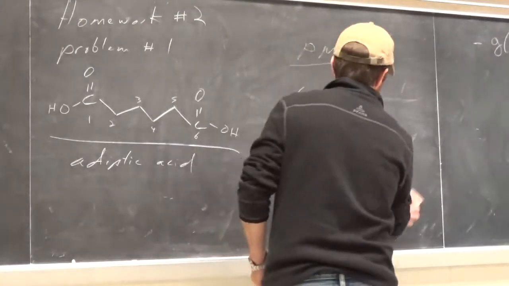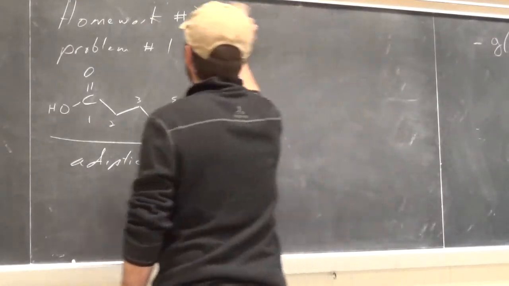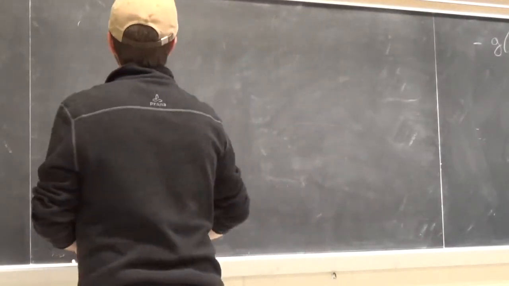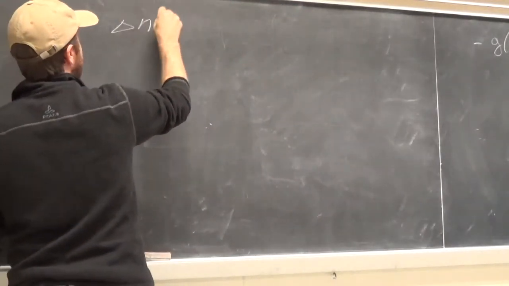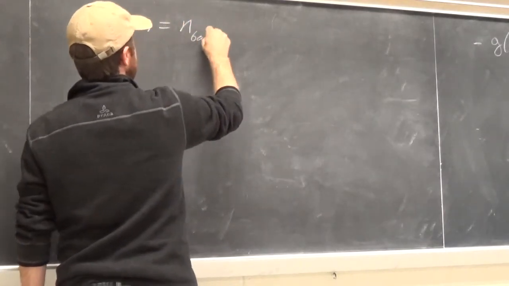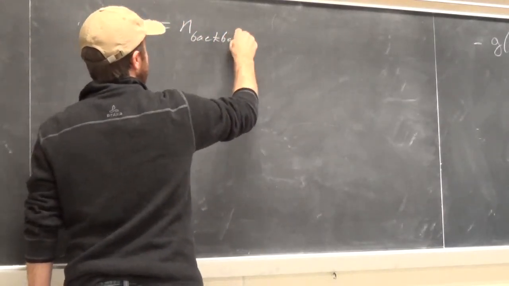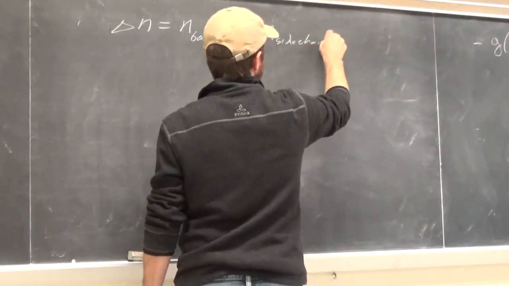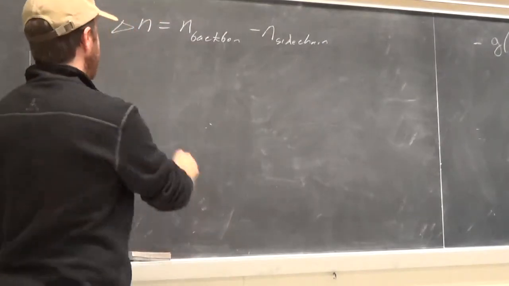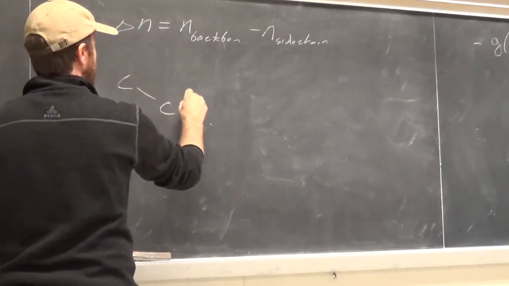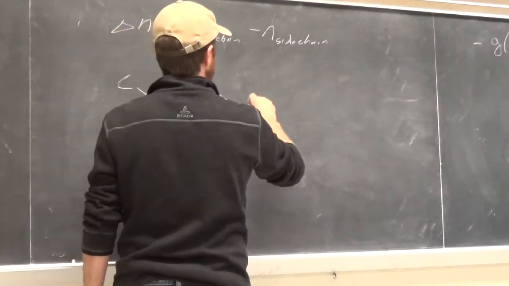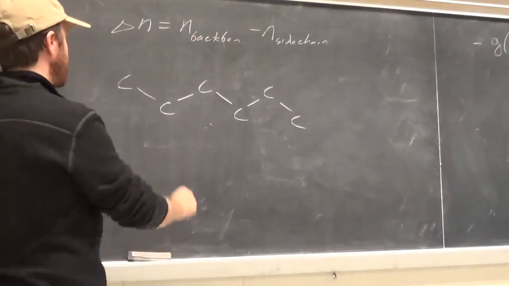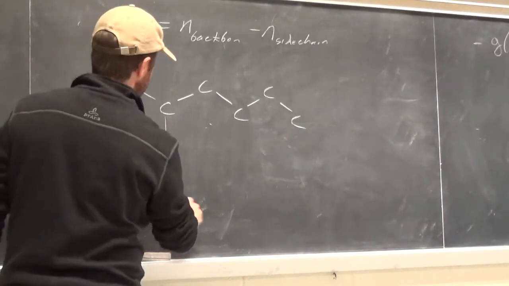So, birefringence of a polymer is defined as the birefringence of the backbone minus the birefringence of the side chain. That's just our frame of reference. And so if we take a polymer and we stretch it out, let's say it's just a carbon-carbon bonded backbone, right? And let's make it polystyrene.